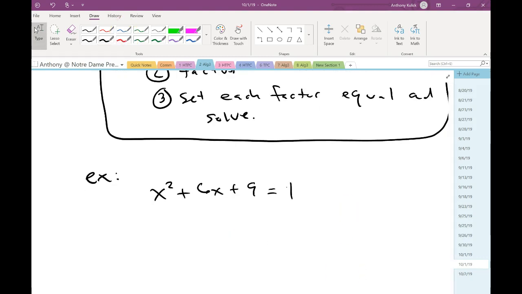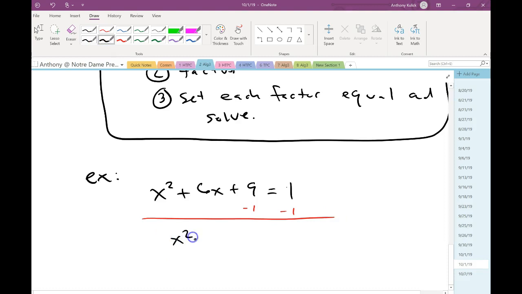First thing I should do is make this equation equal to 0. So I'll subtract 1 from both sides. Okay. The next step I want to do is to factor.